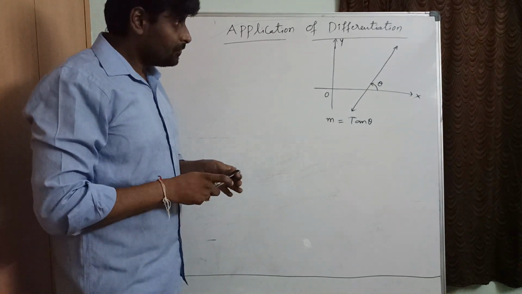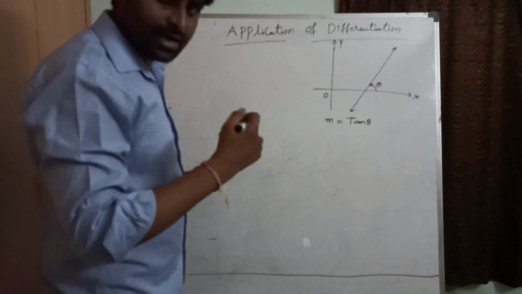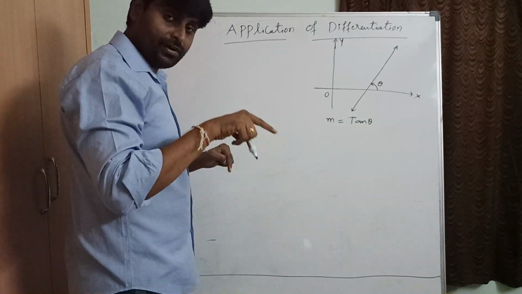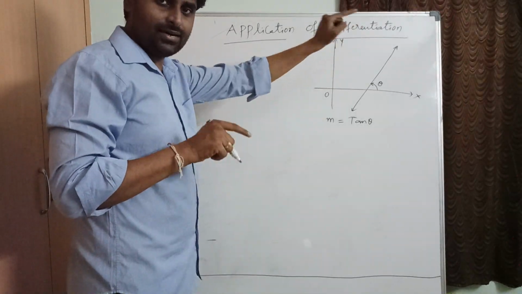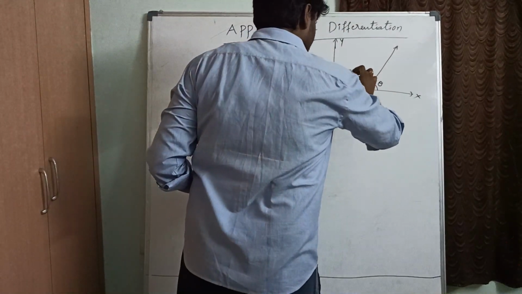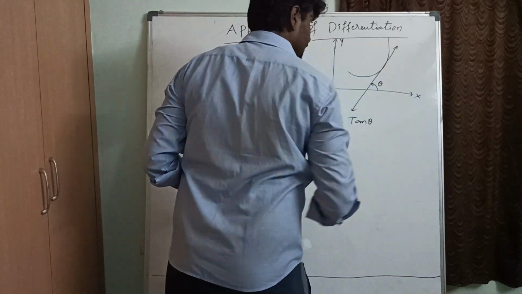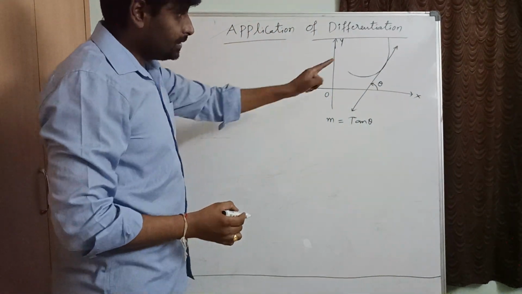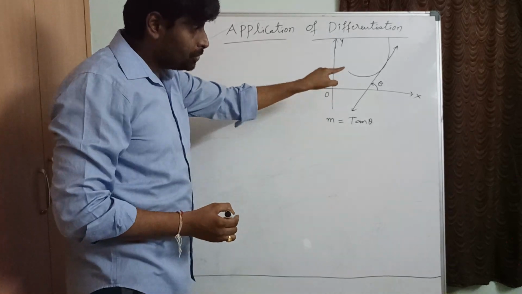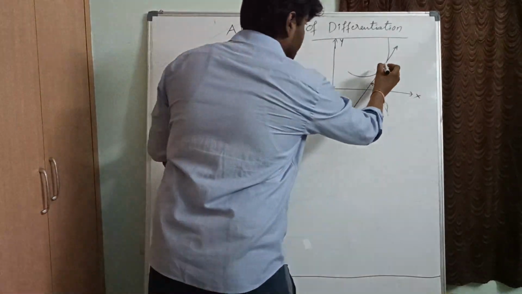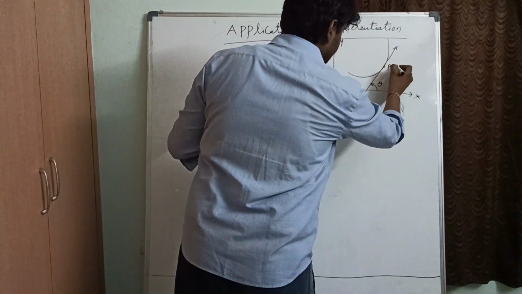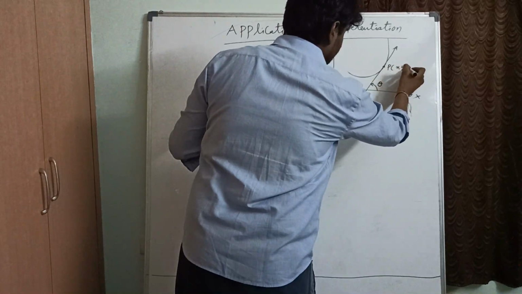So now we are going to introduce a curve to which this line is a tangent. Let me take a curve. So this is a curve and this line is going to touch that curve at one point, let us say x1 comma y1.